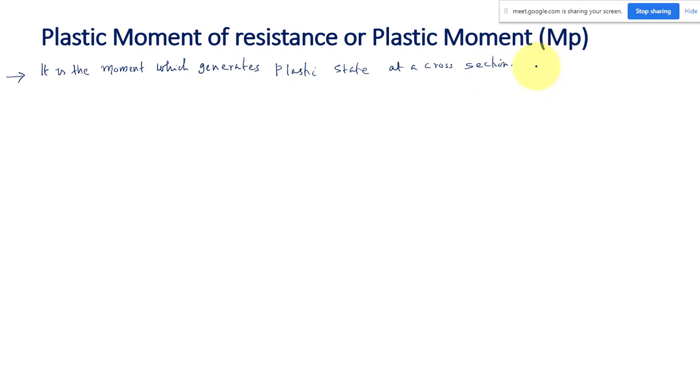At a cross section, the plastic state means this will be the stress block, something like this, rectangular. So the corresponding moment, how much moment you have to apply to reach the plastic state, is known as plastic moment of resistance. Because at any stage, your external moment and the internal moment of resistance both will be the same. So you can say it both ways.